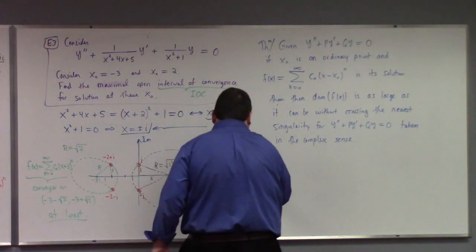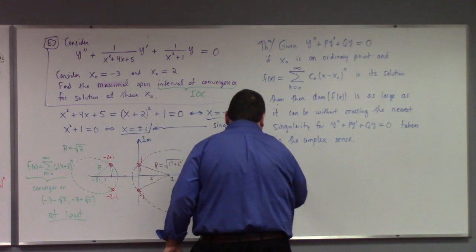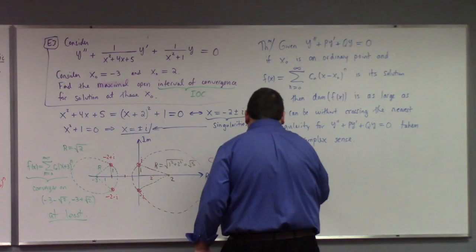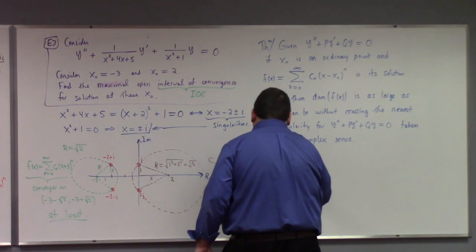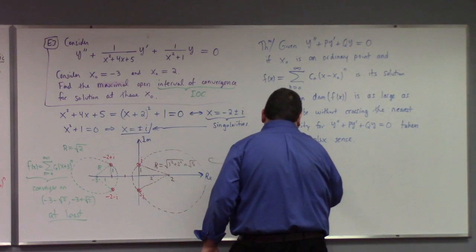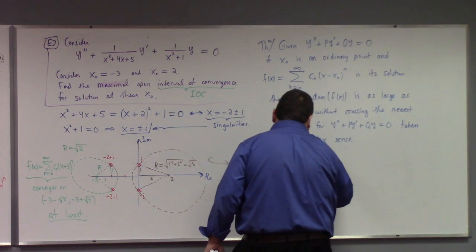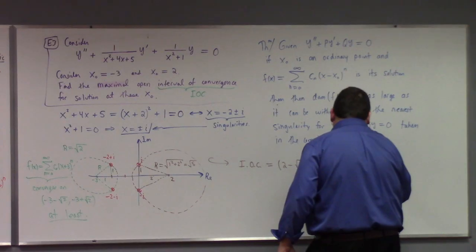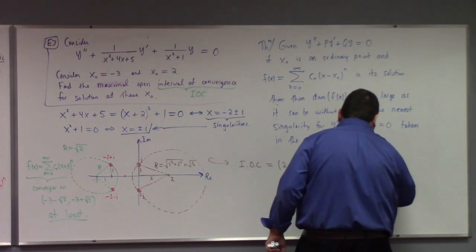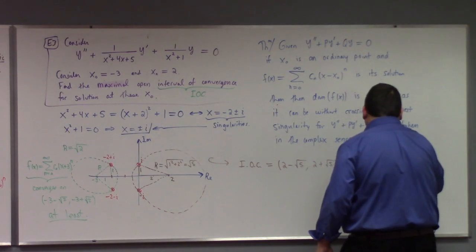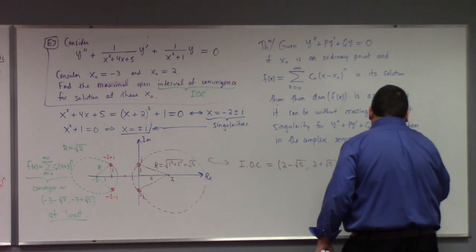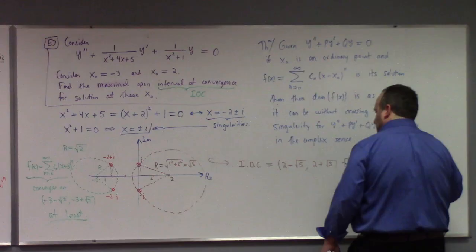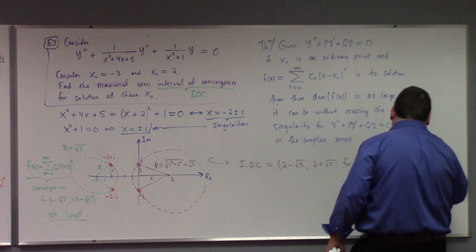And so my IOC would be 2 minus the square root of 5 to 2 plus the square root of 5 for f of x, the sum n equals 0 to infinity of, let me use a different letter, b sub n times (x minus 2) to the power n.